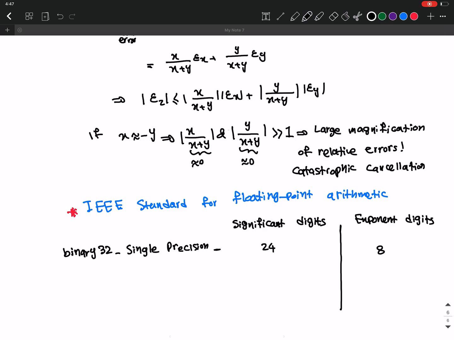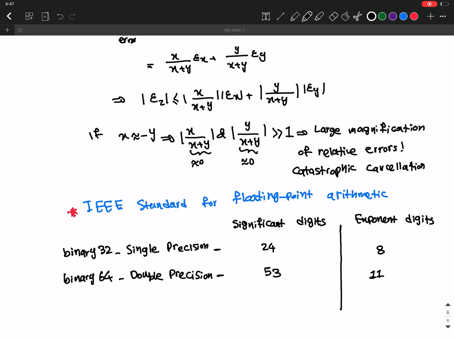So in single precision, we have 24 bits for mantissa or significant digits, and 8 bits for exponent digits, okay? For binary 64, where we have double precision, we have 53 bits for significant digits and 11 bits for exponent digits. So this is a standard set by IEEE.